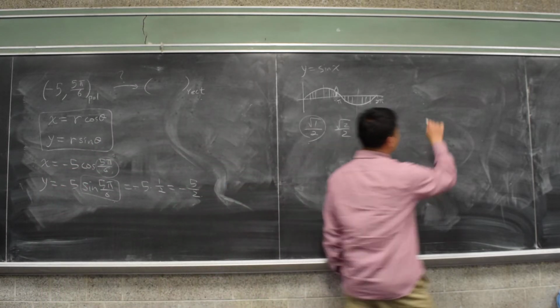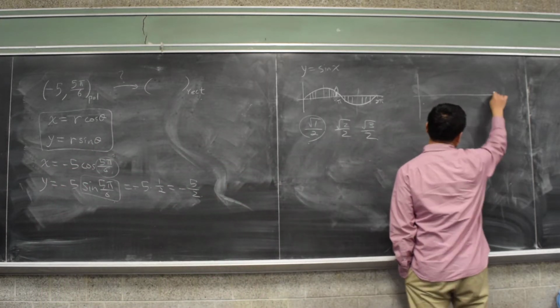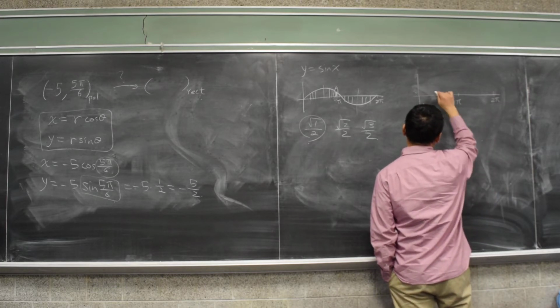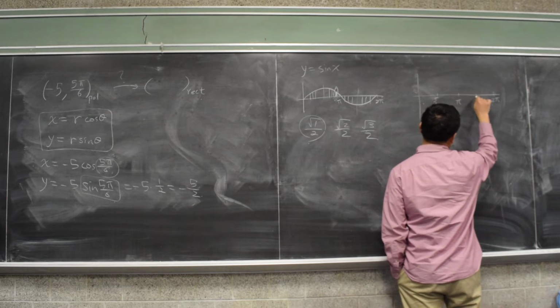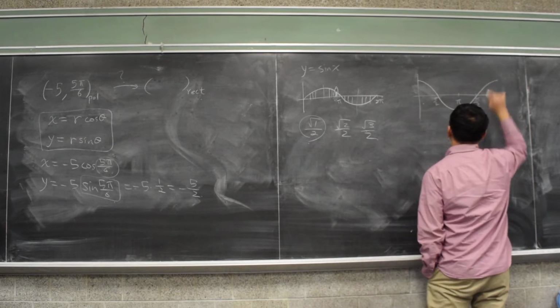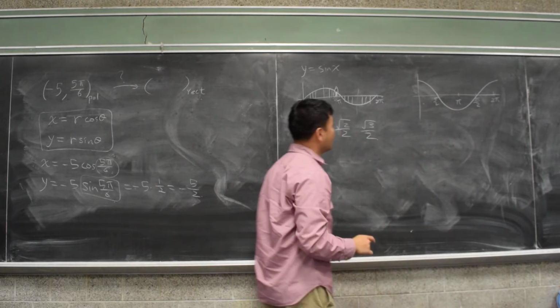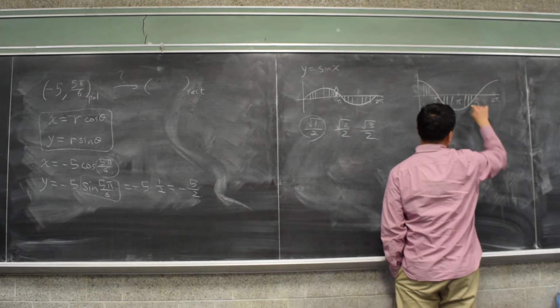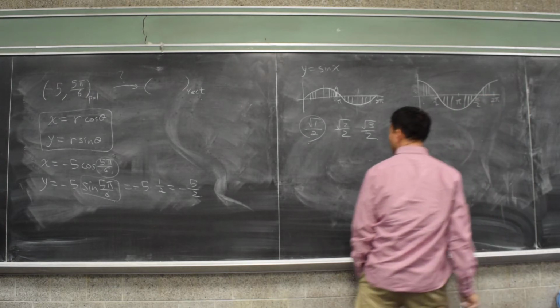Now let's do the same for the cosine. Cosine is 2π, π, and then π/2, 3π/2, like that. That's the cosine graph. Again, 1, 2, 3, 1, 2, 3, 1, 2, 3, 1, 2, 3. You have three values.